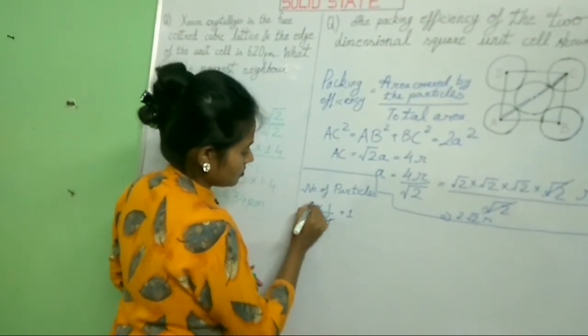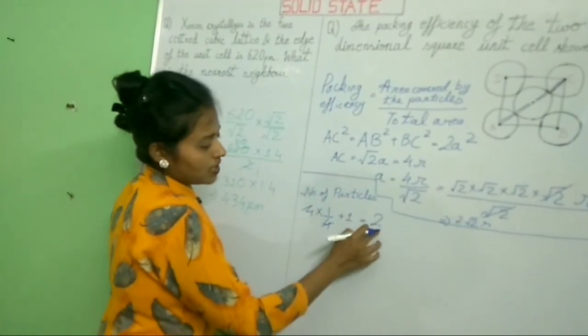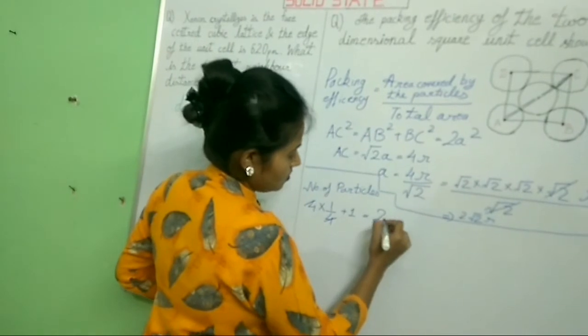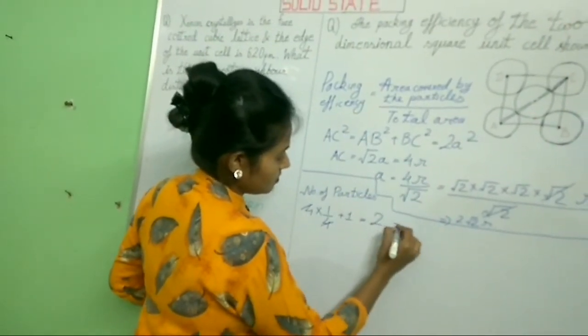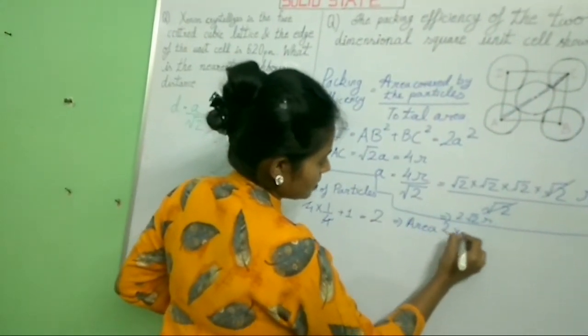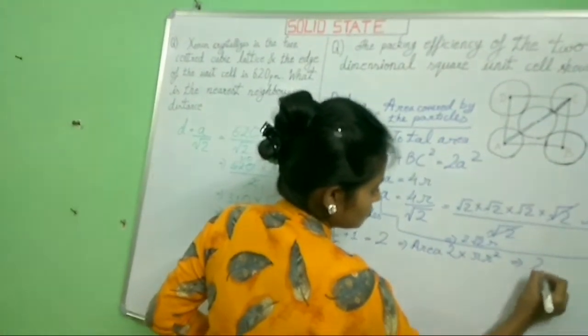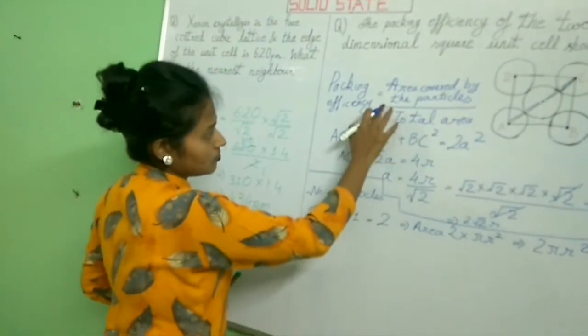So, 4 gets cancelled and there are a total of 2 particles. And the area of a circle is pi r square. So, the area of 2 particles will be 2 into pi r square.